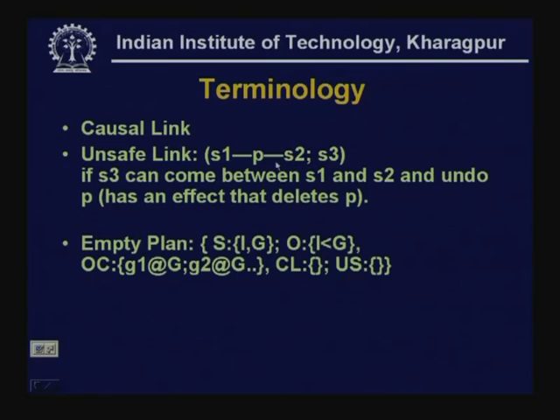So, if my partial plan permits S3 to come between S1 and S2 and S3 deletes P, then this is an unsafe link. This causal link S1 to S2 on P along with S3 together is an unsafe link. So, such unsafe links have to be taken care of before we get the final plan.